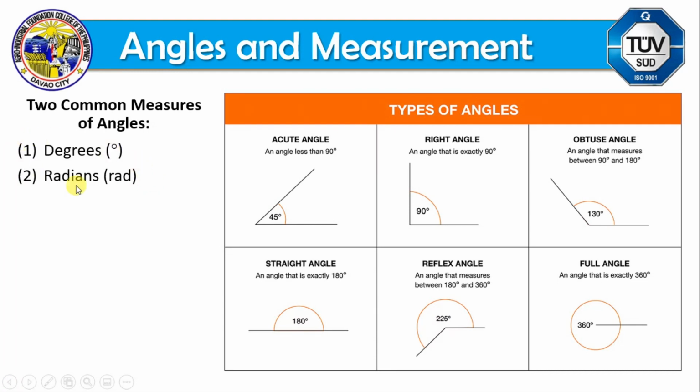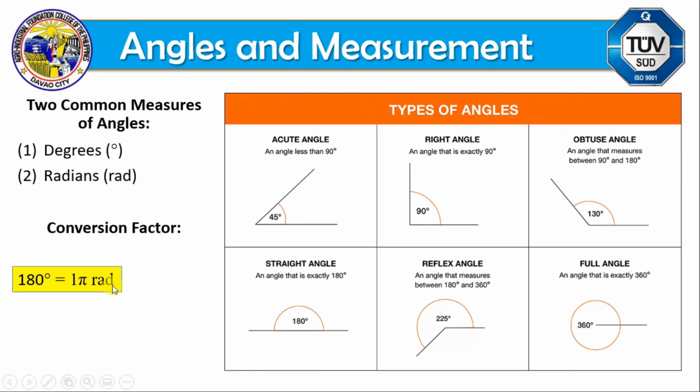This is actually a conversion factor: 180 degrees is equal to 1 pi radians. Meaning a straight angle, an angle that is exactly 180 degrees, is equal to 1 pi radians.